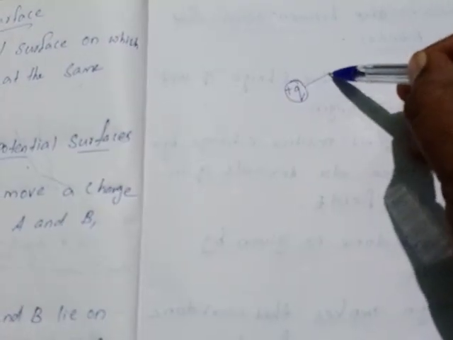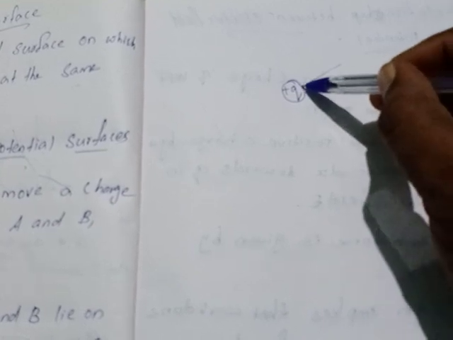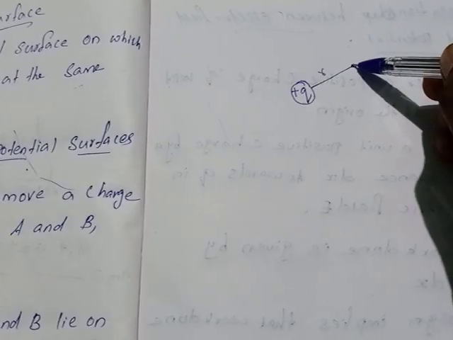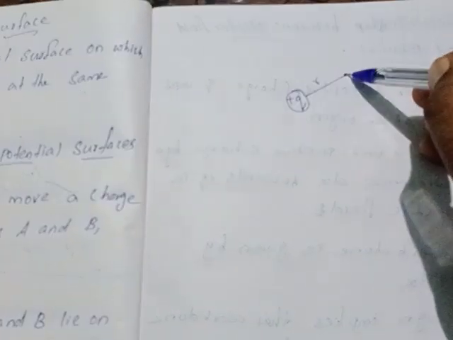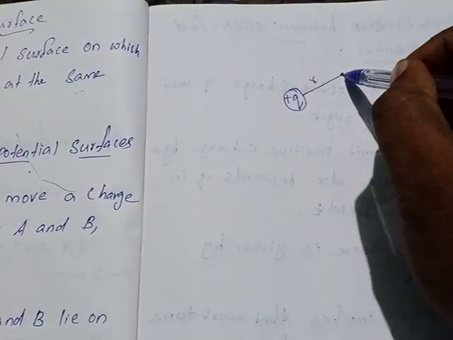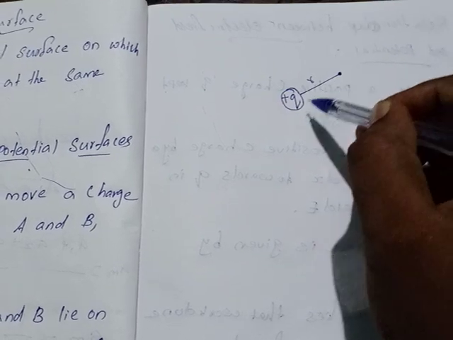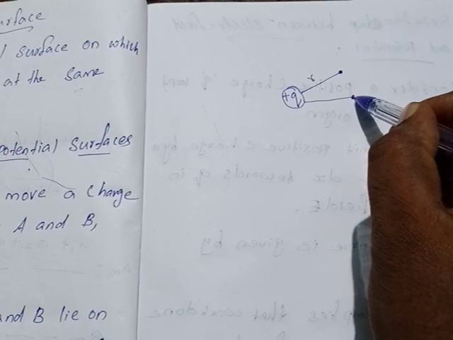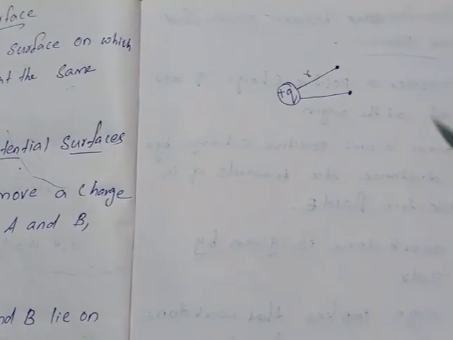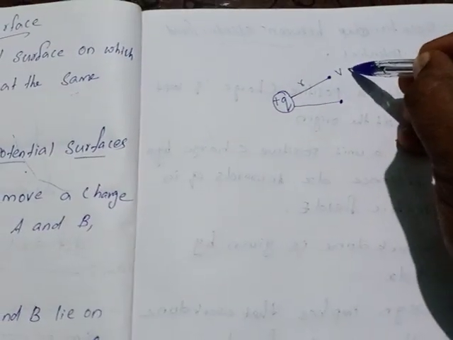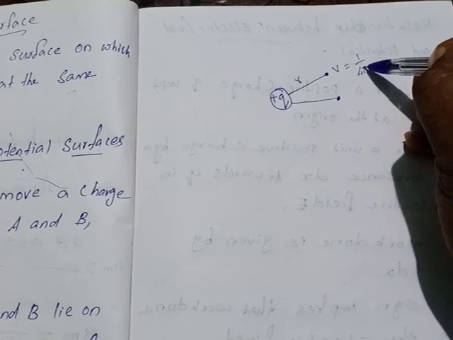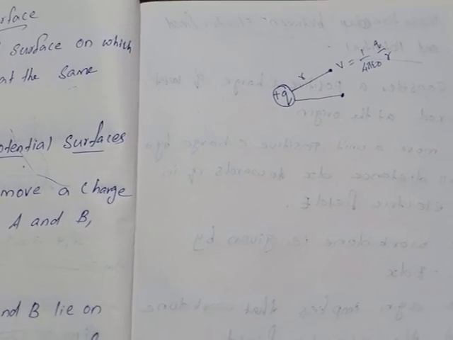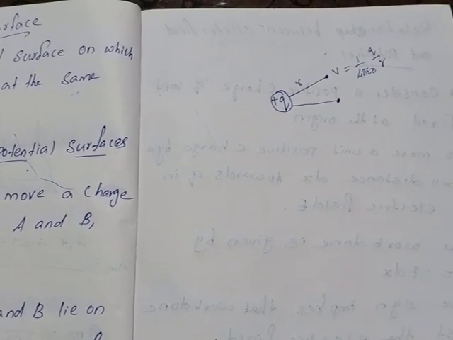Now at a distance r, at this point, there will be some electric potential. If you take this distance, at this place also there is some electric potential. You know that electric potential V is equal to 1 by 4 pi epsilon 0 Q by R. This is the formula you have learned already.